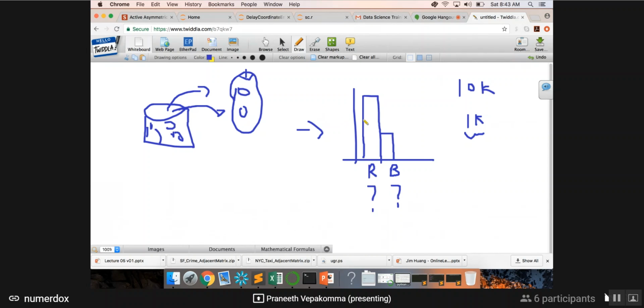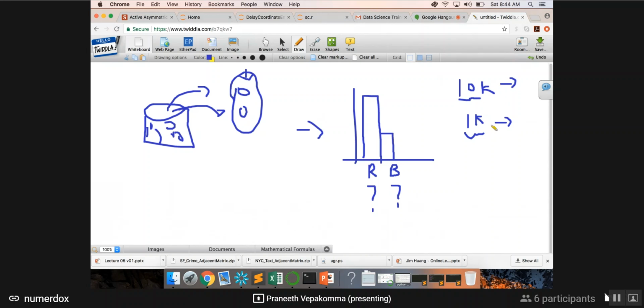You don't know the reality. All you have is the bucket. You don't want to take all the 10,000 samples and compute the proportion of red and blue. You want to ideally come to the true answer by looking at just 1,000 samples, and you hope the proportions of red and blue you estimate from this subsample are as close as possible to the true proportion.